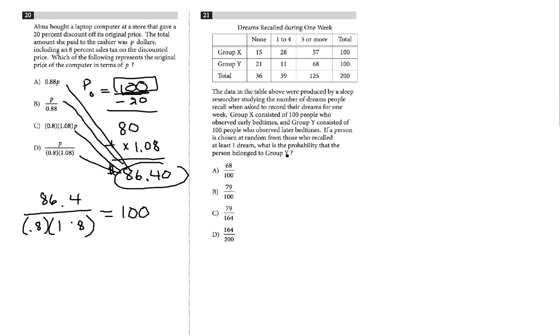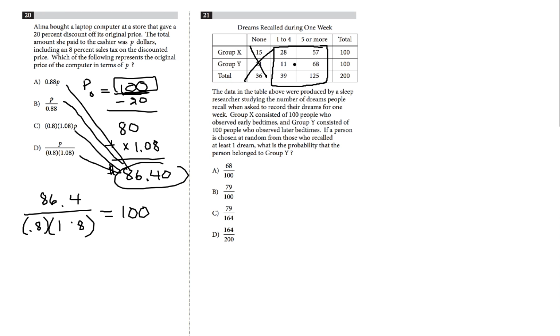So, they have to recall at least one dream. So all these guys are out. We want to know, if a person is chosen at random who recalled at least one dream, what is the probability of Group Y? Well, here's the sample that we're working on.